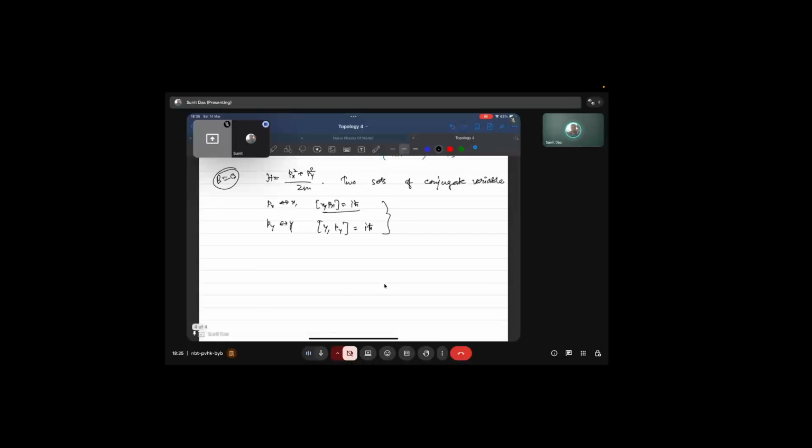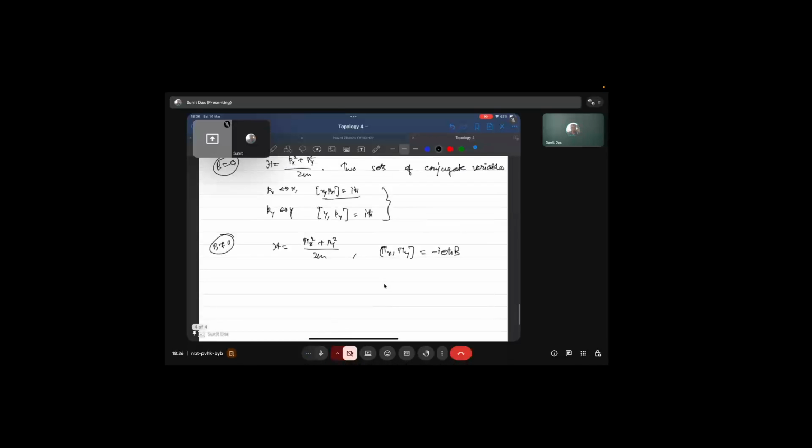Now, the important point we notice is that once we quantize the Hamiltonian, we wrote it in terms of pi x square plus pi y square by 2m, and we mentioned that we already know one commutation relation: pi x commutator with pi y is minus i e h bar B. So where is the other conjugate relation?